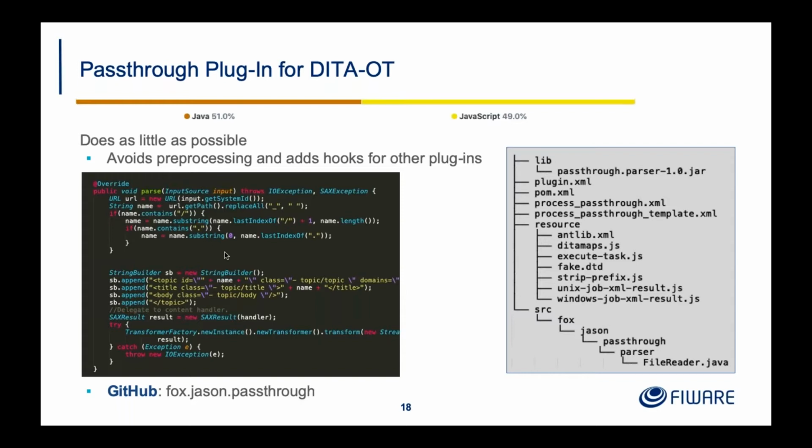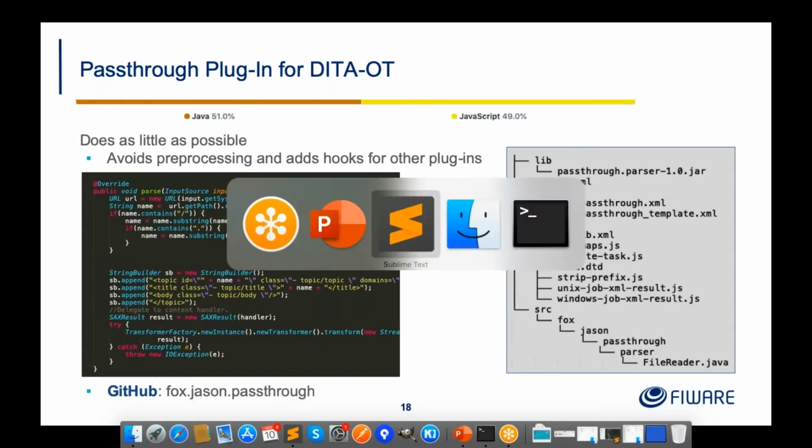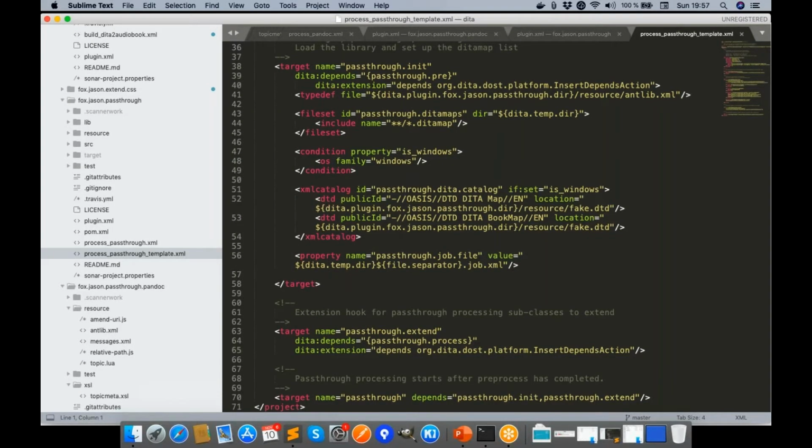This means that the file itself is acceptable because it's a known format, and because these hooks are available, other subclasses can do a better job of getting hold of things. It's purely one Java class, and then a few bits and pieces of JavaScript so that we can call other areas. As I said, this does nothing, but it's the basis of all this.